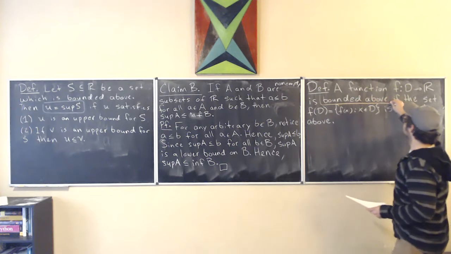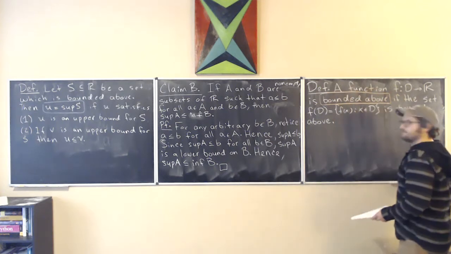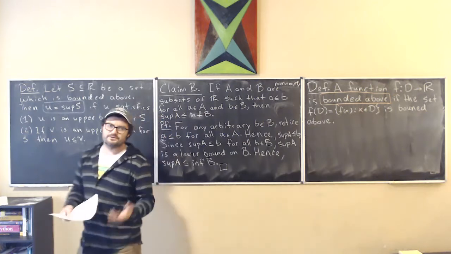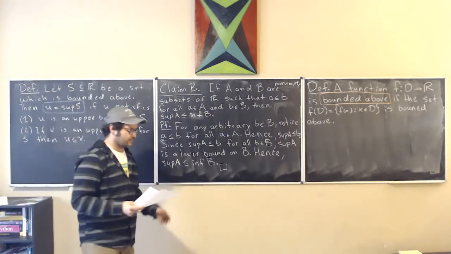So this is what it means for a function to be bounded above. It's in terms of the range of a function, the image of a function, which is just a set in the real set of real numbers.